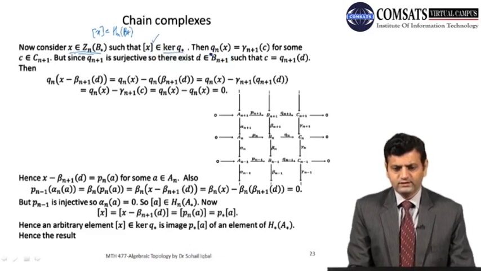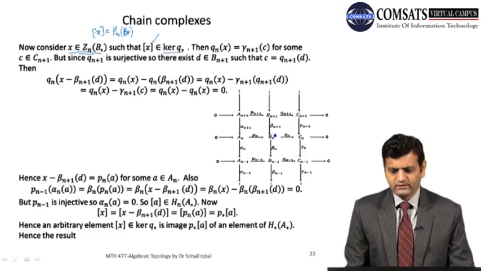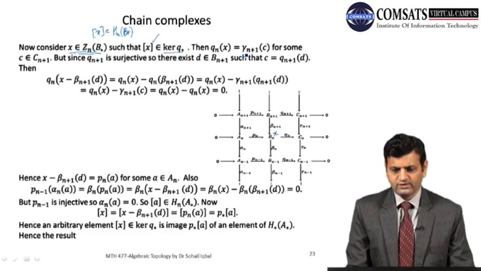Then Qn of X, when I apply Qn on X, must be equal to gamma n plus 1 of C. Why is this the case?